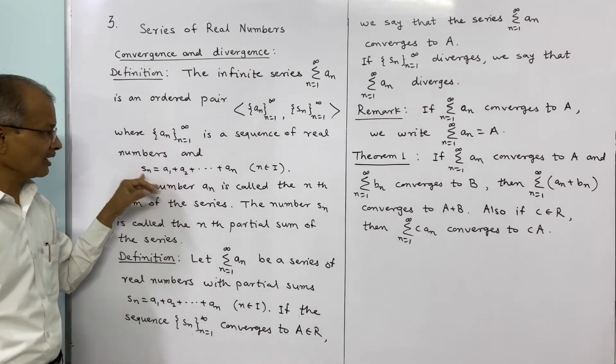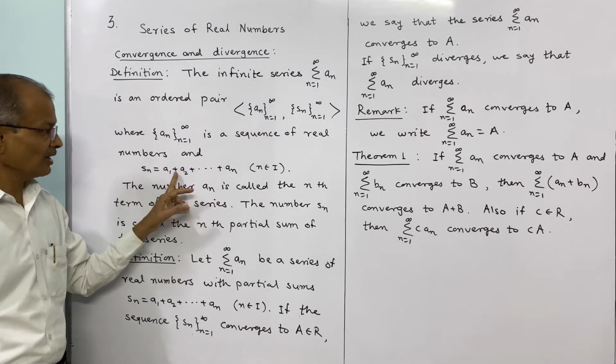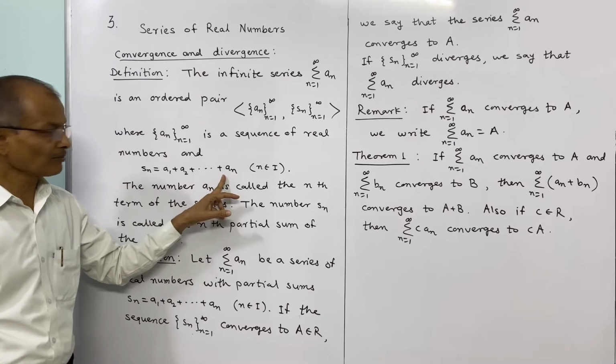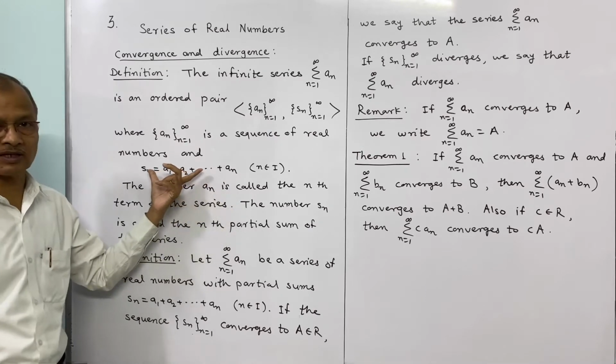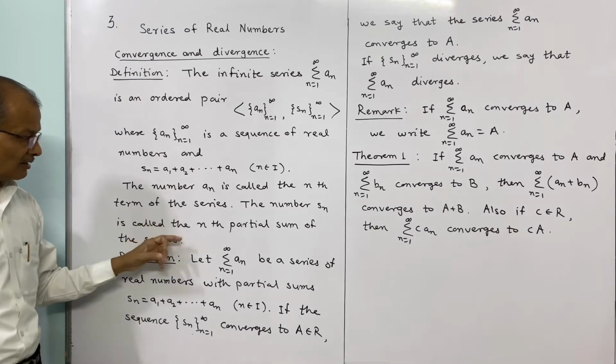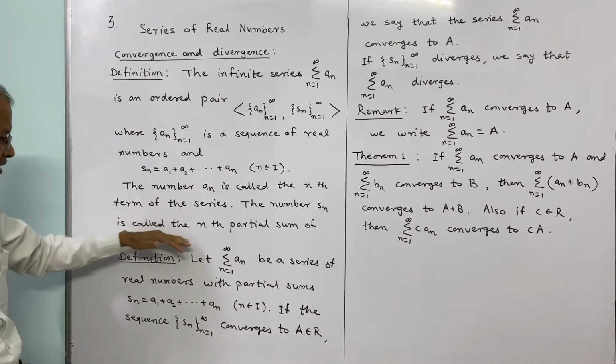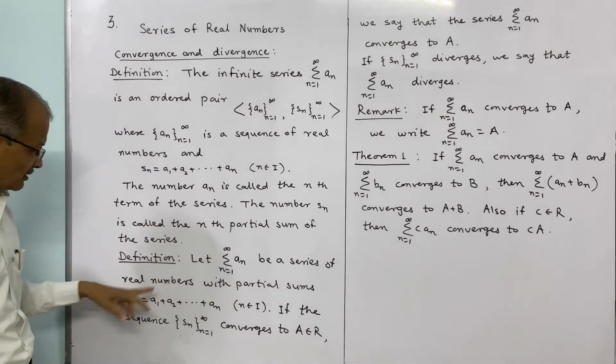That is denoted by Sn equal to a1 plus a2 plus up to an, the sum of first n terms, and this Sn is called the nth partial sum of the series.